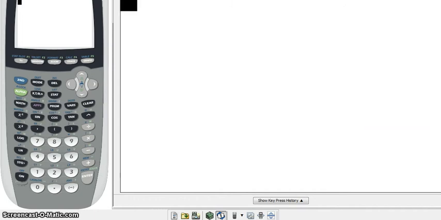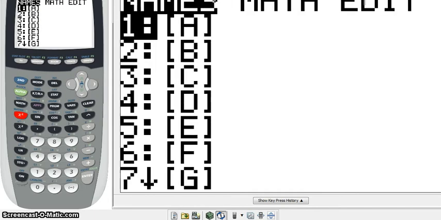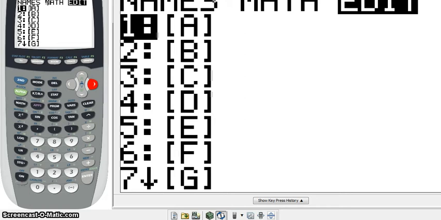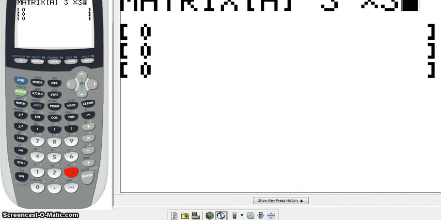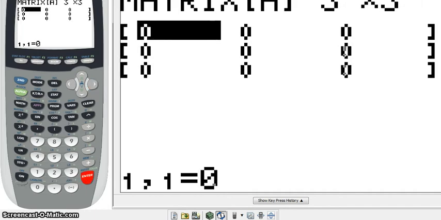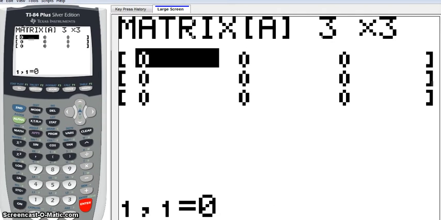Okay, so we're going to use our calculators to go ahead and input these matrices. If you hit second and then the x to the -1 button, there's your matrix. We're going to go over and edit our matrix A. We're going to call it a 3 by 3 matrix. And we're going to go ahead and put in those numbers.